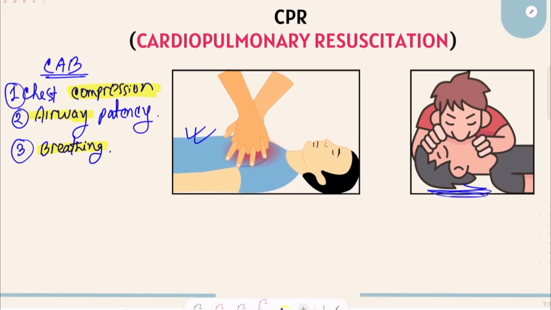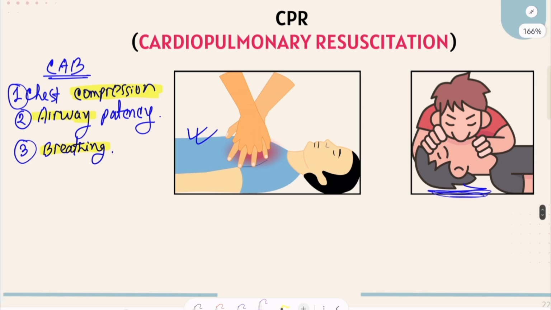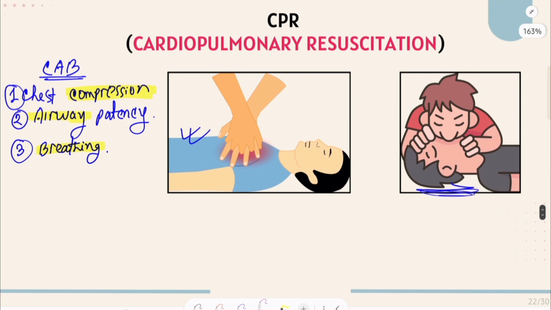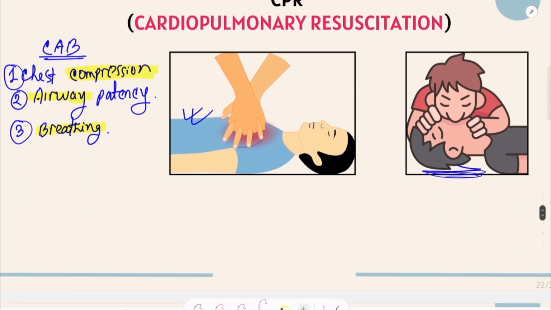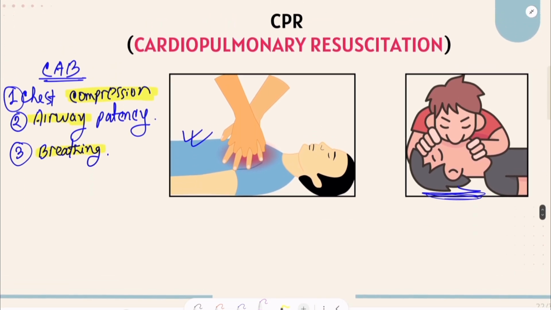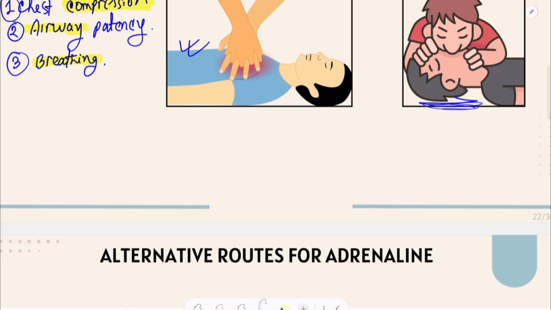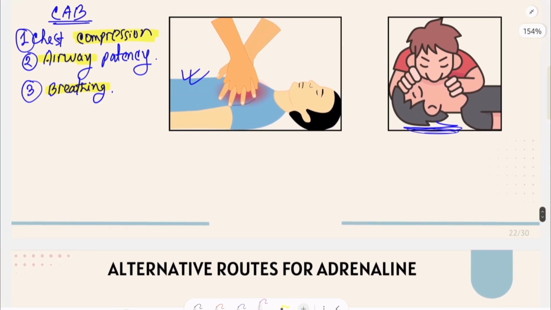But with all this effort, if the patient is still not responding, what we can do, we can give adrenaline by IV route. But there is a problem. When the person is unconscious and his heart is not pumping, it is possible that you cannot find the vein of the person.